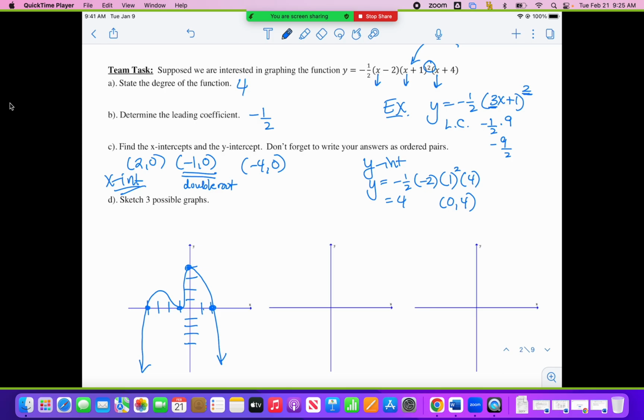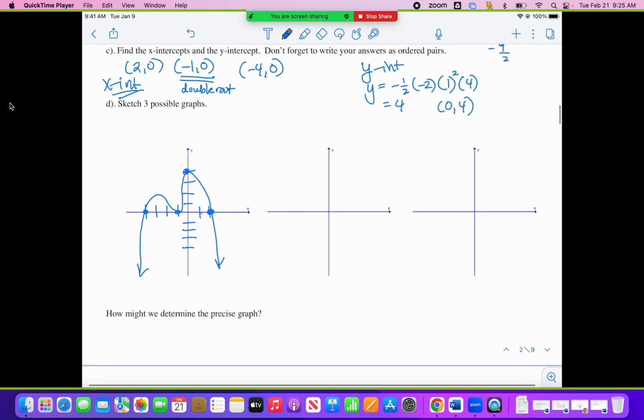Okay, it's 4th degree, so it's got to be a down-down. Now I could make other squiggles. How might we make this a little more precise? Well, we could find additional points.